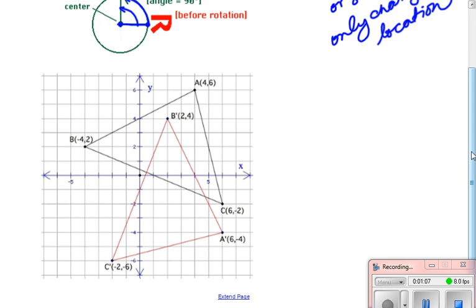So if we look at this figure that's already been done for us, here's my pre-image A, and if I draw this triangle into the origin and out to A prime, you can see that this rotation, even with a bad line, is a 90-degree rotation in the clockwise direction.